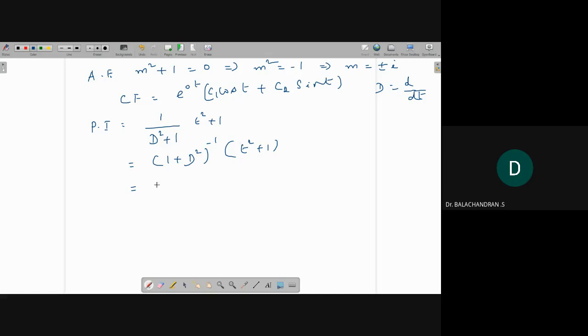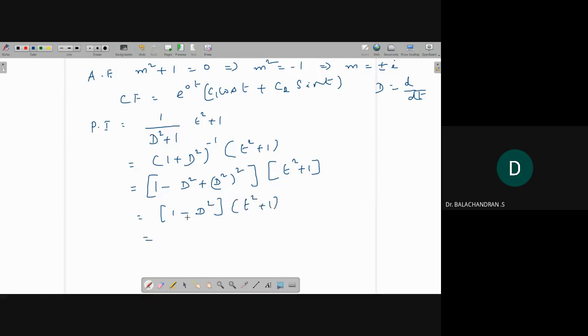Here the power is 2, so 1 minus x plus x square is enough, into t square plus 1. I don't need D power 4, because D power 4 of t square is 0. So I'll keep only 1 minus D square, which is enough, into t square plus 1.